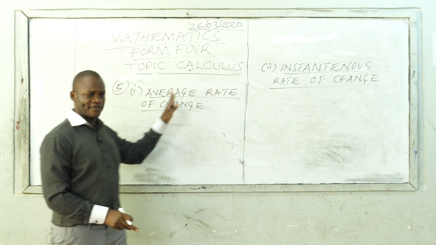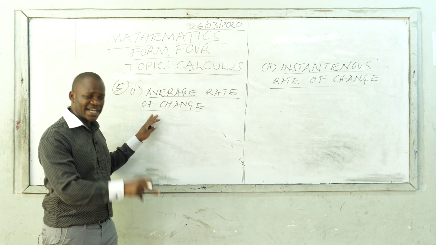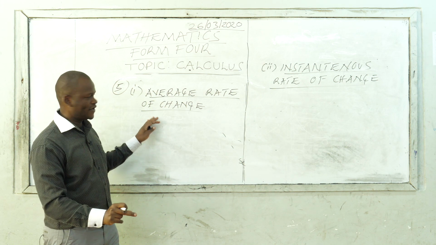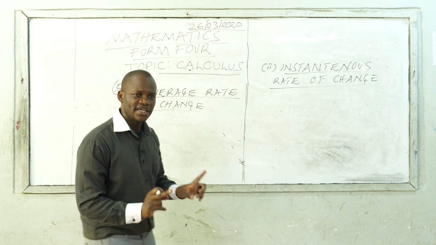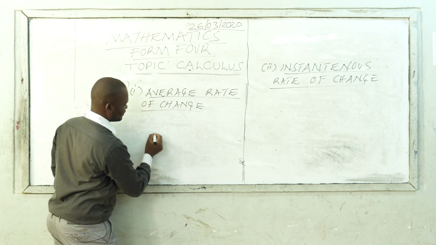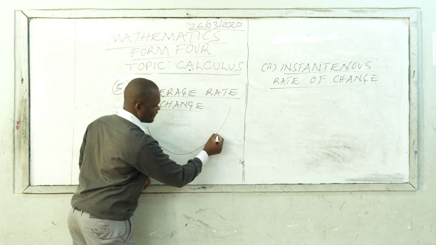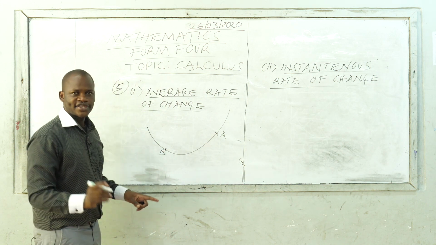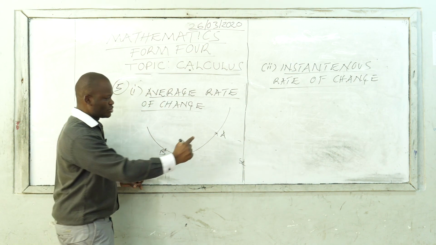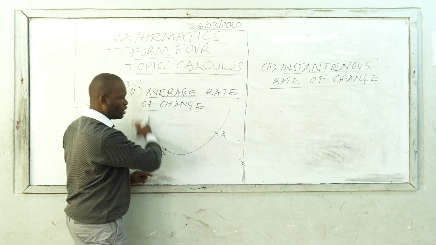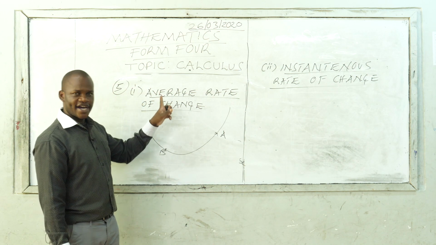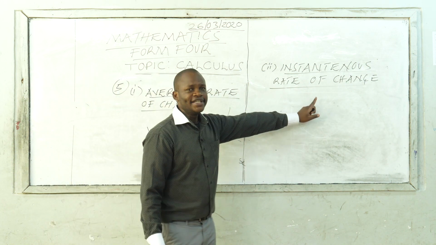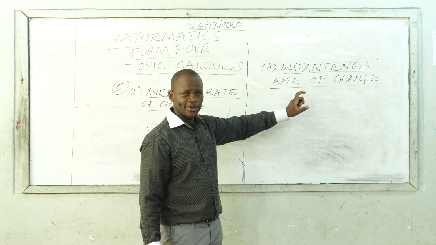Average rate of change is the gradient or rate of change of a curve between 2 points on the curve. Let's say I have a curve, and I have 2 points, point A and point B on the curve. The moment I get the gradient between point A and B on this curve, it becomes what? Average rate of change. Now, we go to instantaneous rate of change.